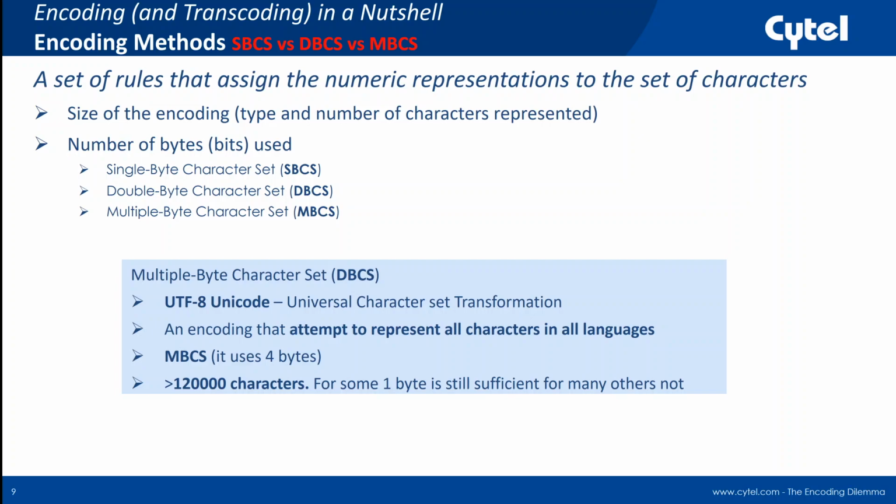The UTF-8 encoding defined by the Unicode standard is an attempt to overcome the different national languages requirements. With this encoding system, in fact, more than 120,000 characters can be represented. Some might still need 1 byte, others 2, with up to a maximum of 4 bytes.